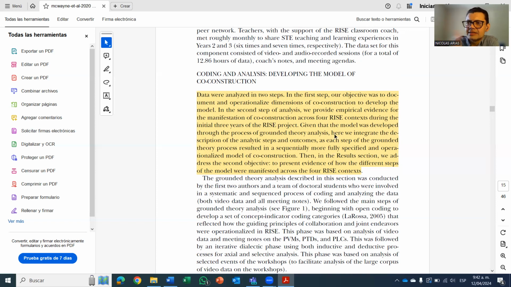It's clear since the beginning that they are pursuing an adequate description that doesn't exist, and it is consistent with the approach of using grounded theory, because grounded theory is to create theory from the data almost from scratch. And this is what they are presenting here.